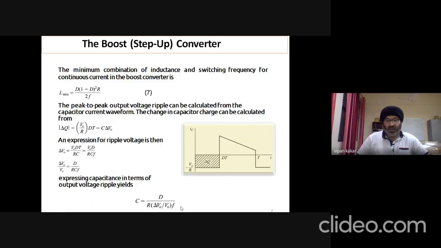And then using that, the capacitance value can be calculated based on how much ripple is required for that particular circuit. So once we know how much ripple voltage is allowed for that particular circuit, we can calculate the value of capacitance.